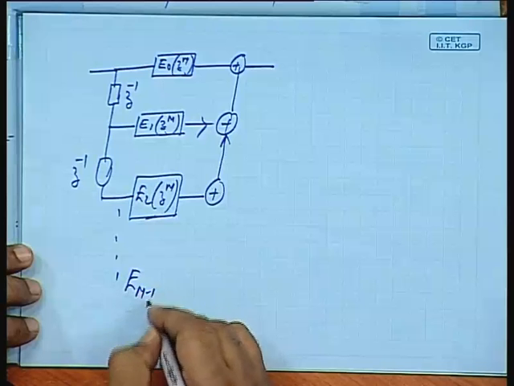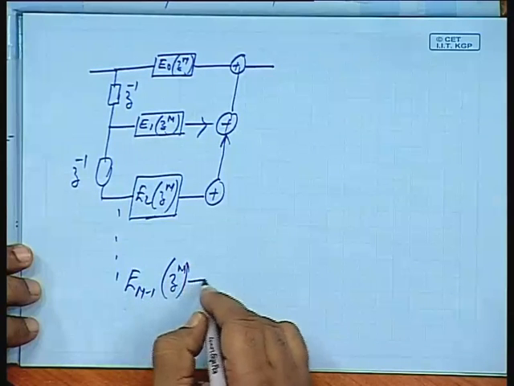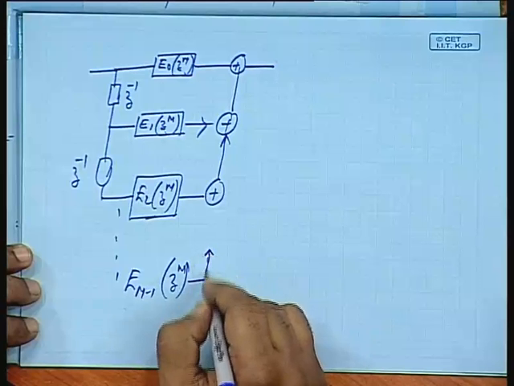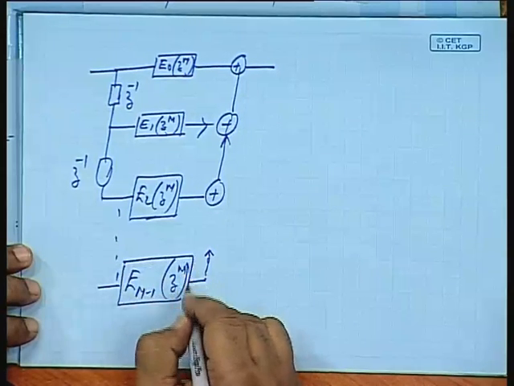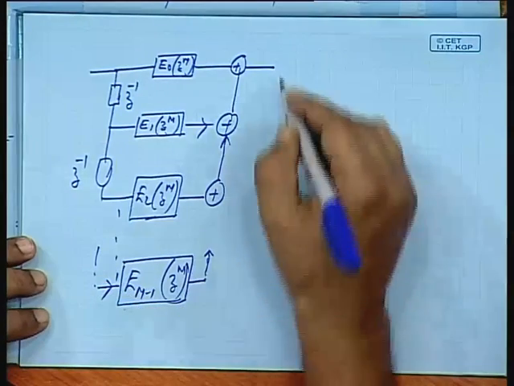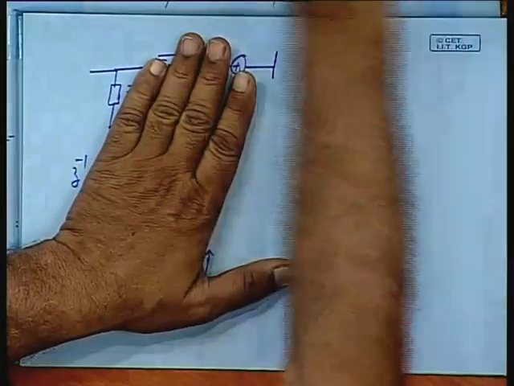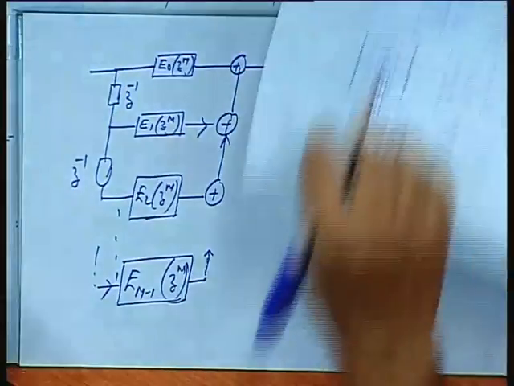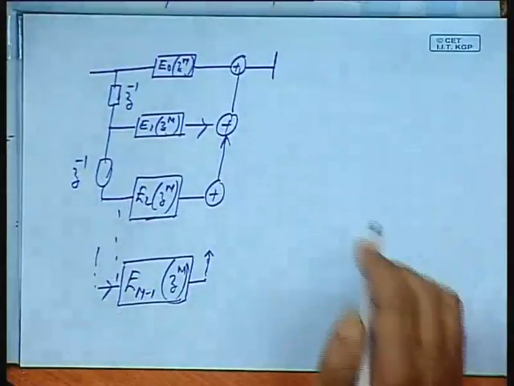E m minus 1 Z to the power m. Okay. And this is Hz, all right. This entire block is Hz, and then we put the downsampler.